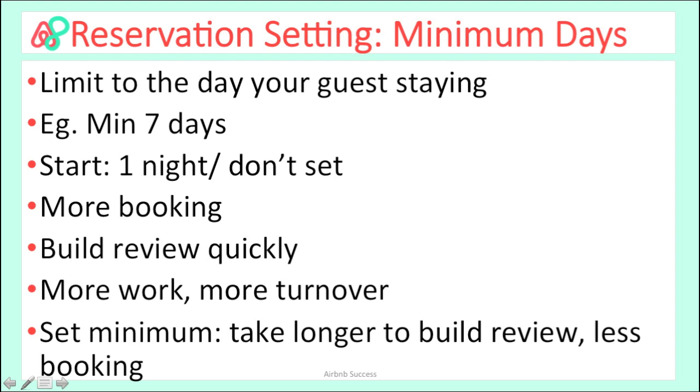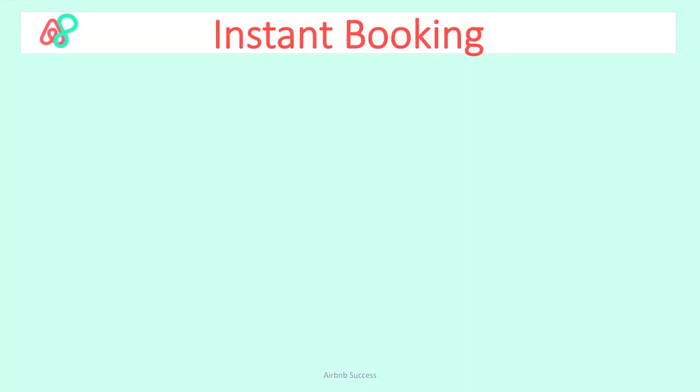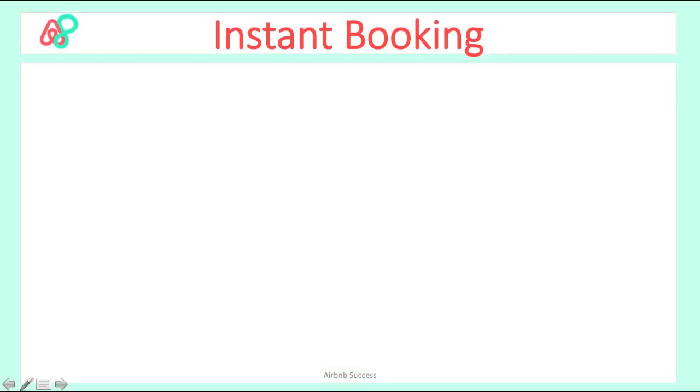Okay, the next one, Airbnb gives you an option of instant book. And many hosts are using this option now. The instant book is a tool that allows guests to book your property without first asking for its availability.